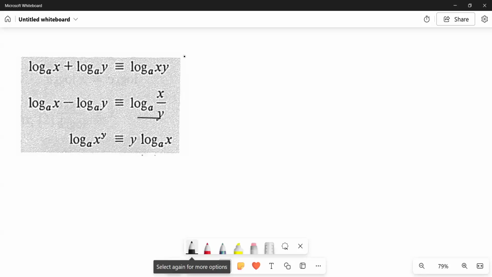Okay, let's take the logarithm of a square, b square. No, let me not use the same number.